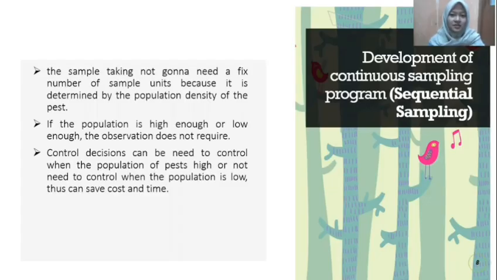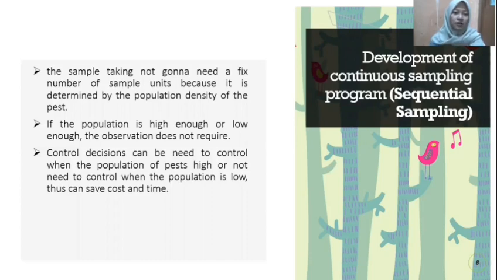Development of continuous sampling program, or sequential sampling. Sampling with fixed samples still needs a large cost, observers, and amount of time. It makes the observation limited. To accelerate the process of observational decision-making, we may use sequential sampling. The sample taking does not need a fixed number of sample units because it is determined by the population density of pests.